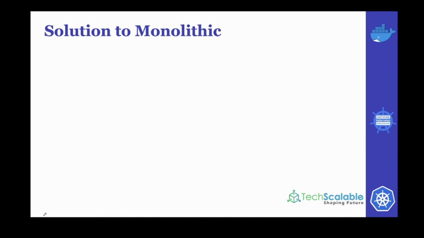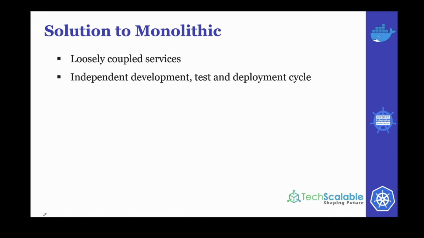The solution to the monolithic problem is to have a loosely coupled type of architecture. That means the services, the order management, the restaurant management, the kitchen management, the courier management, are individual logics. We can make them sit separately and have loose coupling between them, not too much interdependency created between them and the logic inside the code, so that we can independently develop them, independently test them, and independently deploy them.